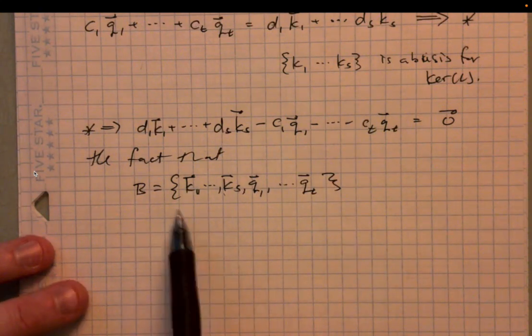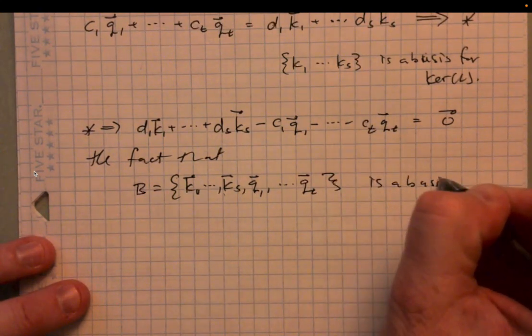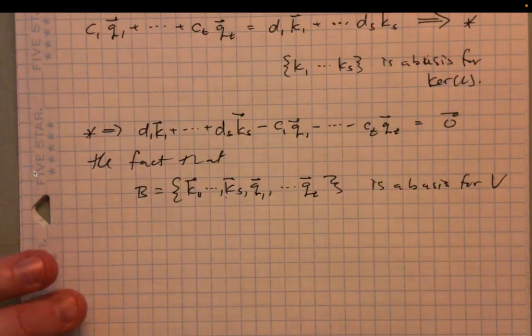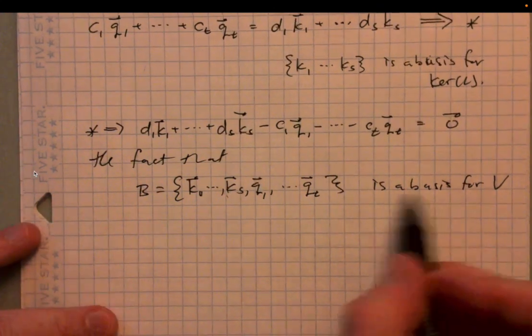All right, this is a basis for V. Right, and that's going to imply, what does that imply? That implies that it's linearly independent.